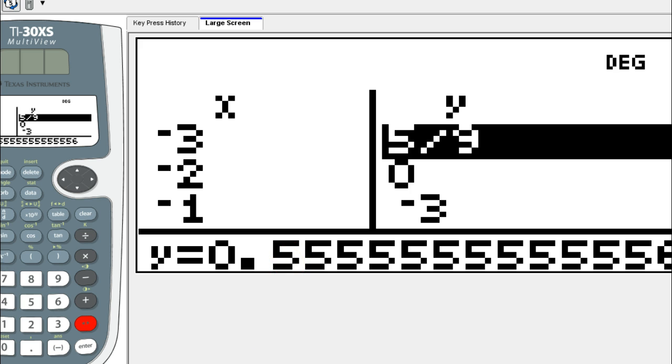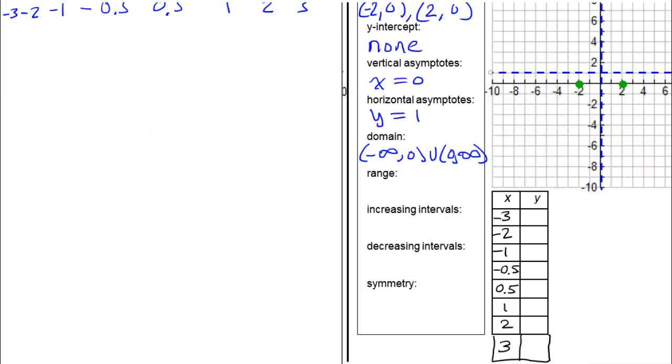So I have 0.6, 0, and negative 3. Okay, so I will go on and type in the rest of these x values and get the y values to go with them, but I'll do that off camera.